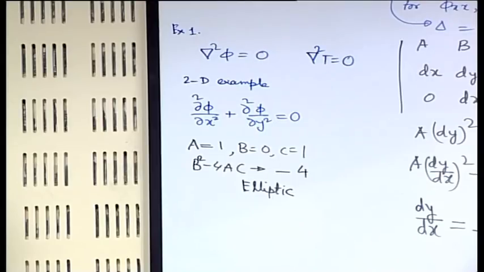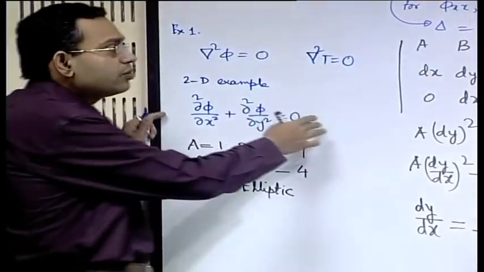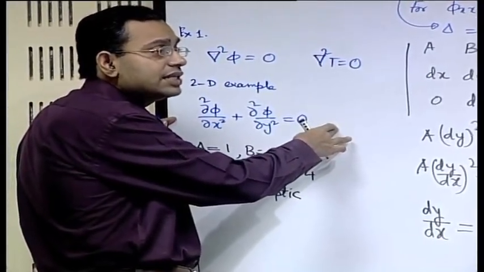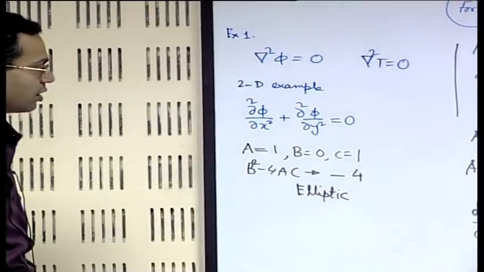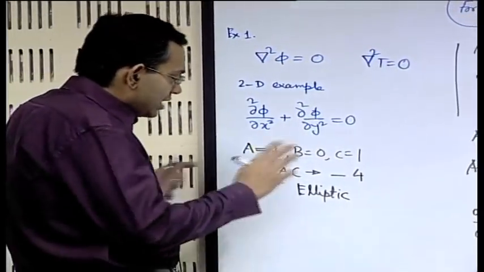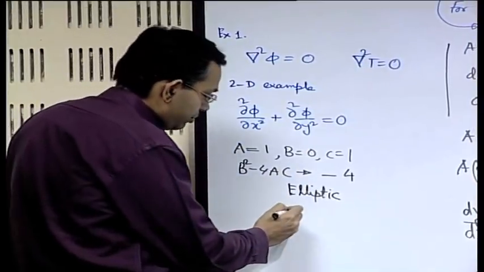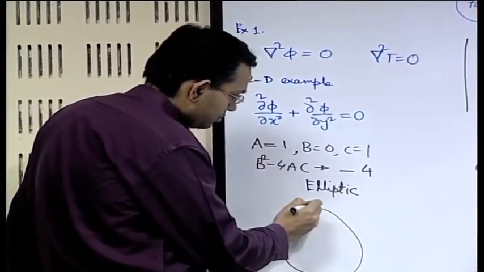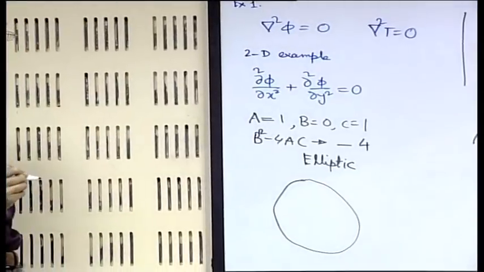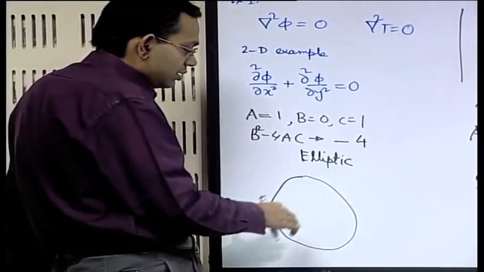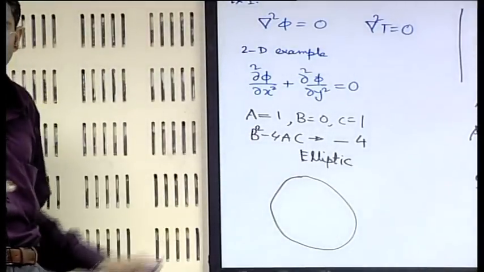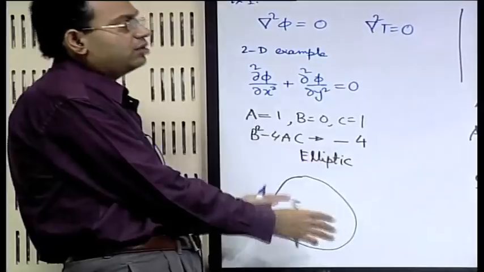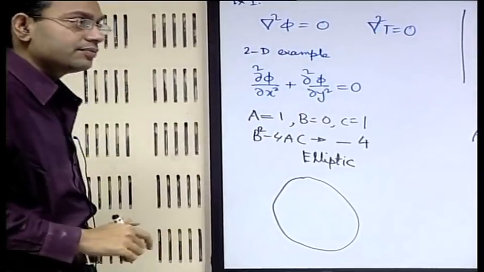The big question is elliptic equation, so what? We understand that this equation is elliptic, but what physical meaning does it carry? Let us try to answer that. So, let us try to take an example of a heat conduction problem. Let us say that there is a domain, throughout the domain there is a uniform temperature, say the entire domain is at a temperature of 30 degrees centigrade.